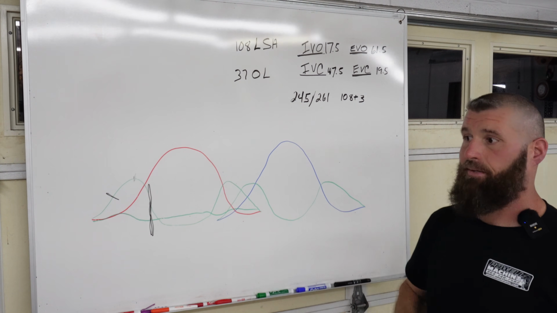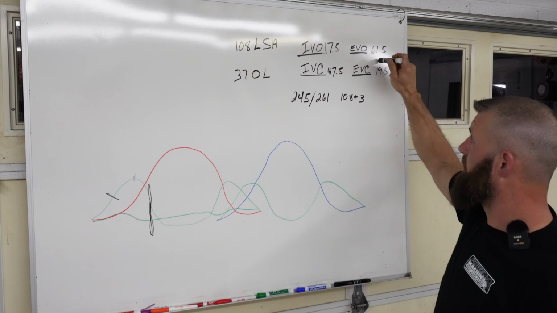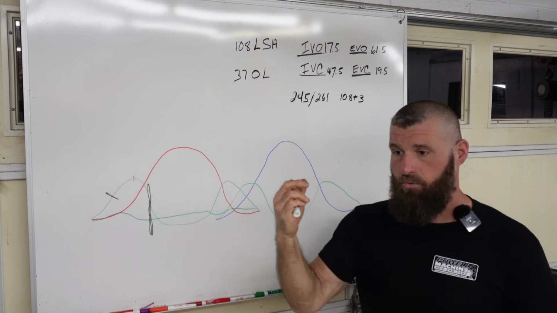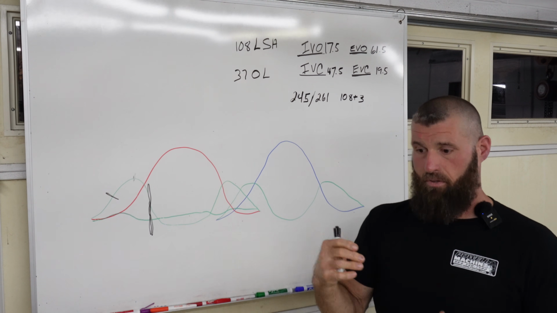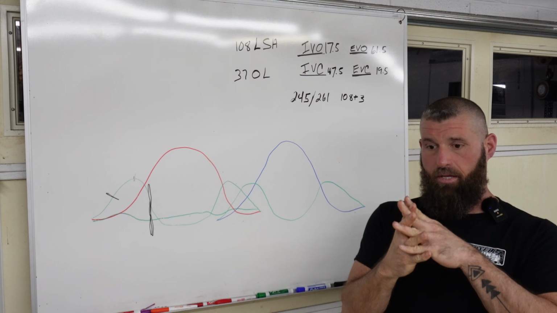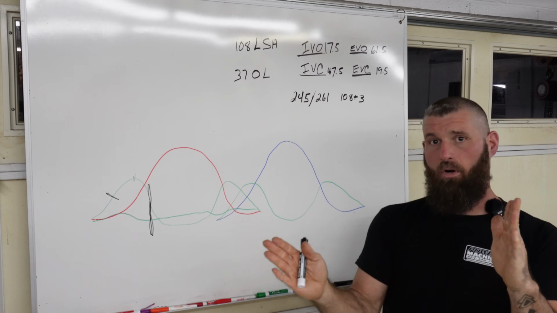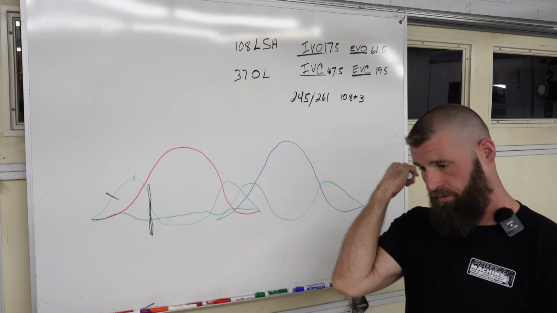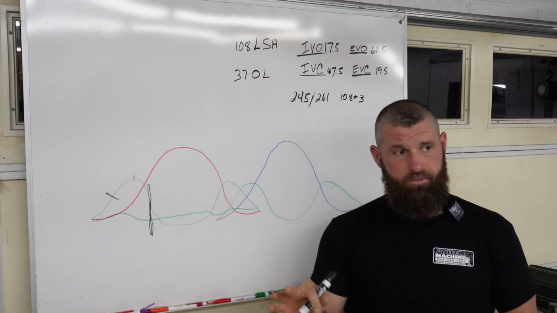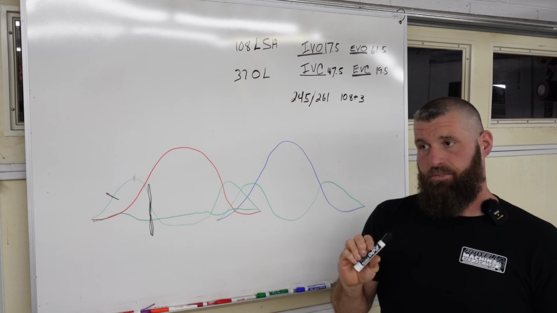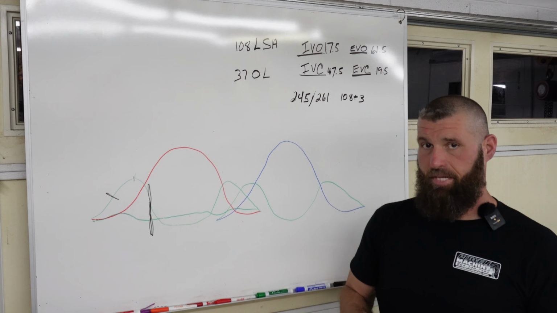Why do we want to do that? The reason that this needs to get open is pumping losses. So the piston is coming down on the power stroke, right? The gases are expanding and it's pushing the piston down. It's doing work, right? It's putting that into the crankshaft, the transmission, the rear end, to the tire, on and on and on. The problem is everything after bottom dead center.